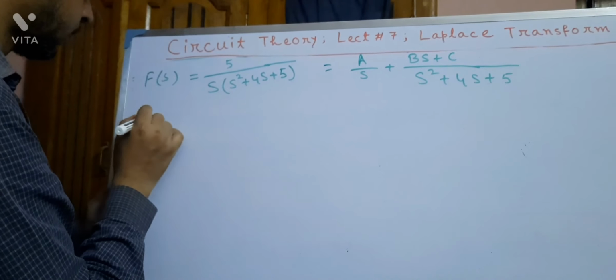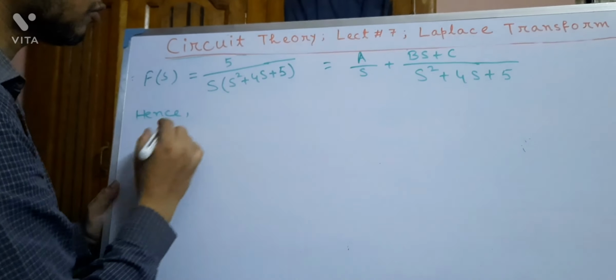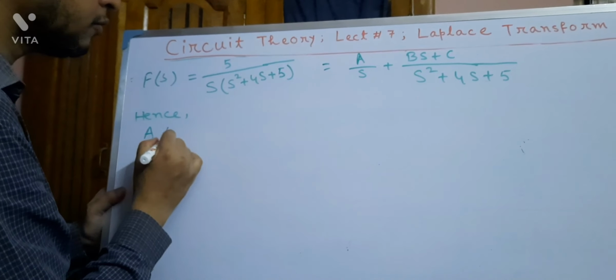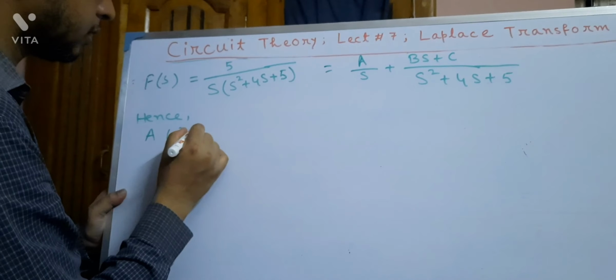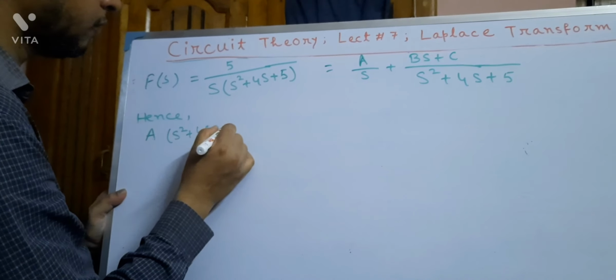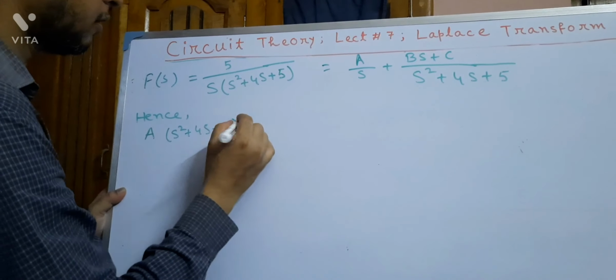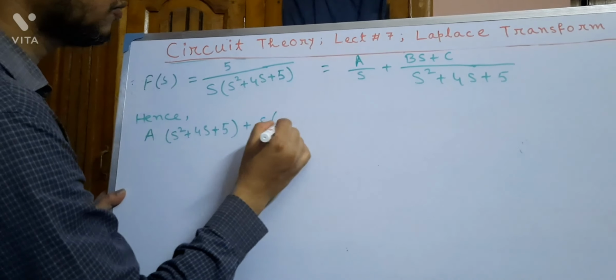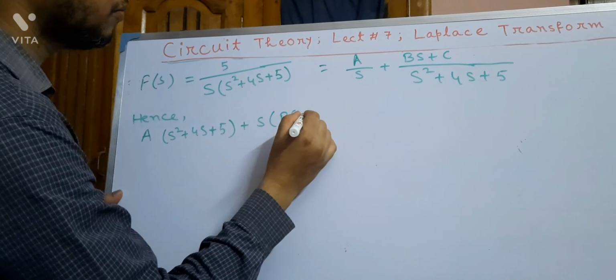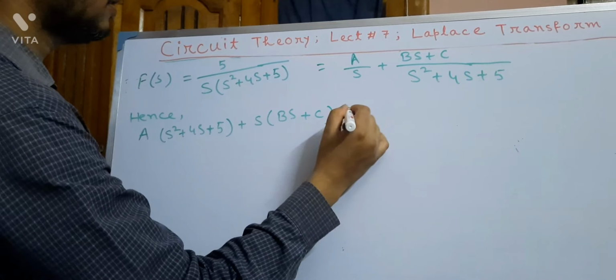Hence, we can conclude that a into (s square plus 4s plus 5) plus s into (bs plus c) is equal to 5.